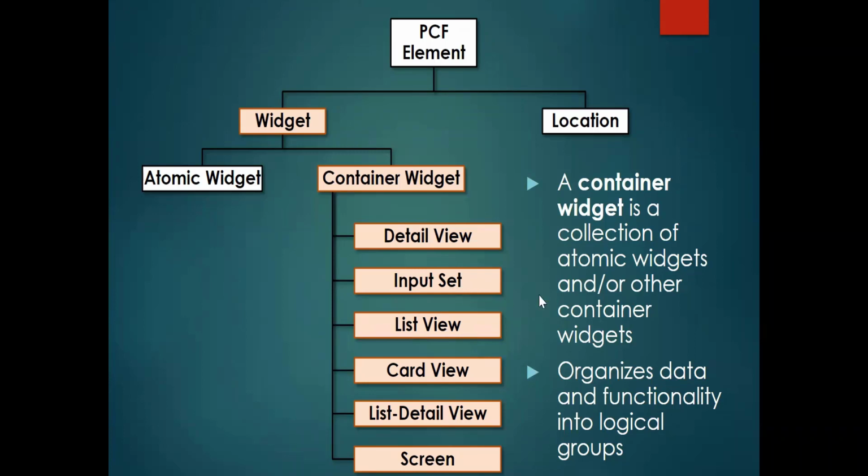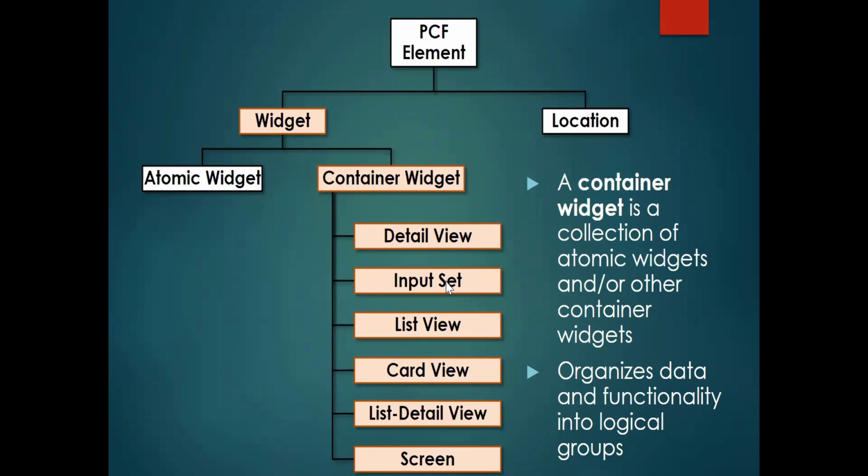So what is the difference between input set and other types of detail view? Input set is also a container which will contain some information from one object. Suppose there is an object of AB contact. If you want to display the columns of that object, we will be using detail view.